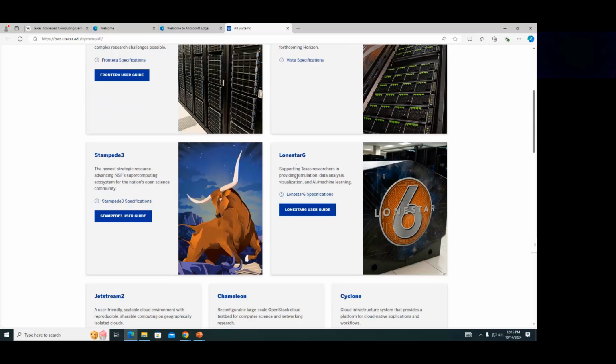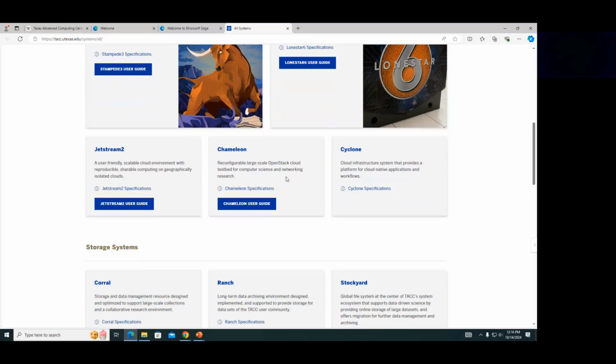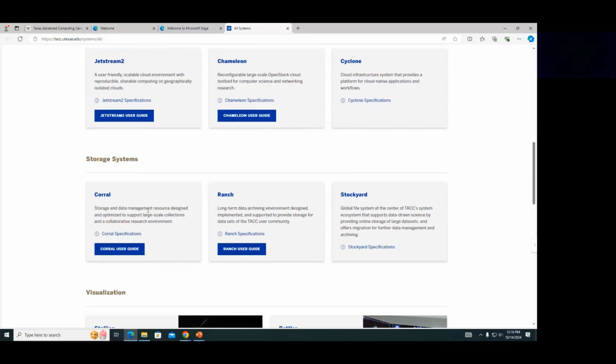This is what they call supporting Texas researchers in providing simulation, data analysis, visualization, and AI machine learning. TACC has several others. Also, they have the storage. These three storage systems are also available for us.